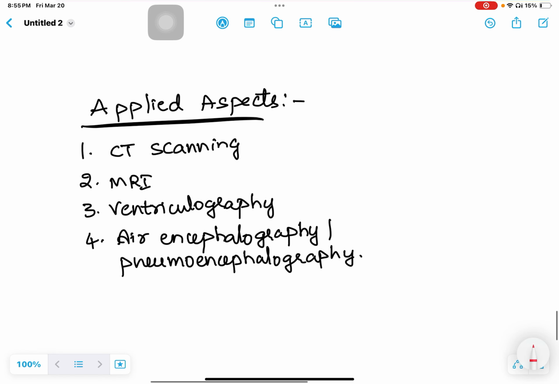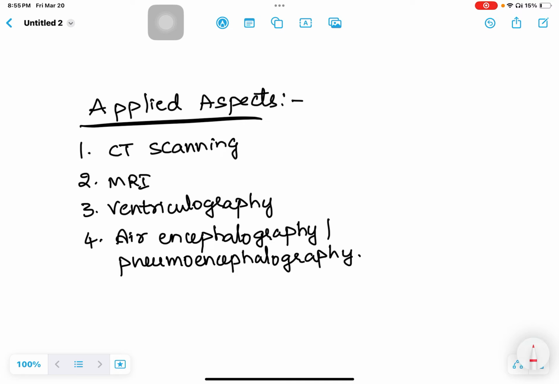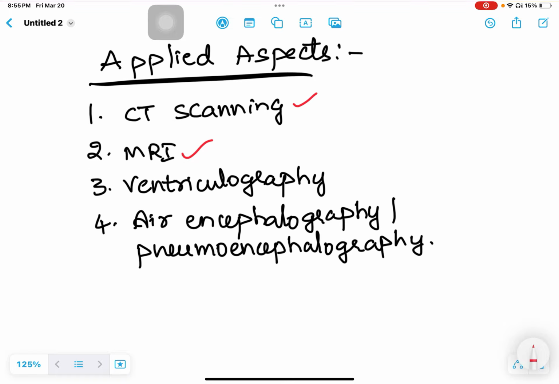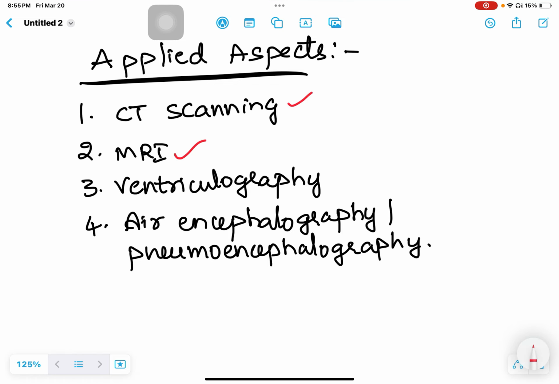Then what are the applied aspects? We can see the lateral ventricle by taking a CT scan or MRI. Ventriculography means injecting a radioactive material into the CSF, either through lumbar puncture or through blood. You can take pictures of the ventricles, whether they are normal, dilated, or shrunken, or if there is any obstruction.